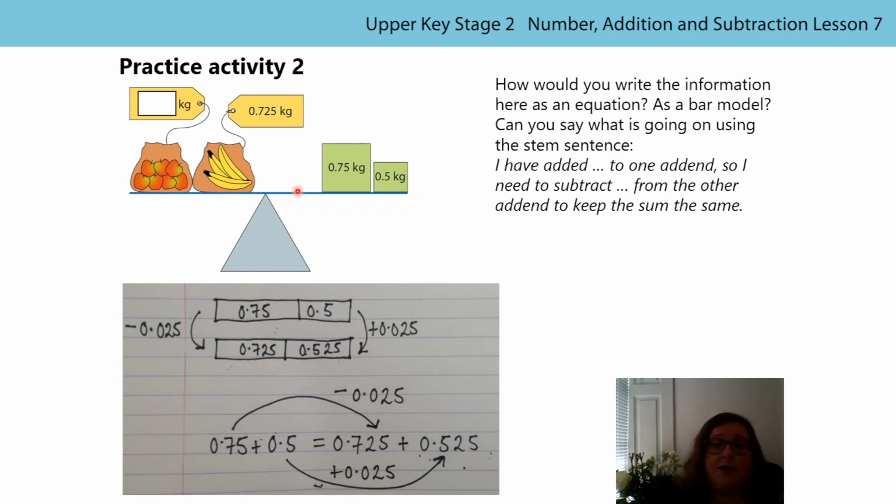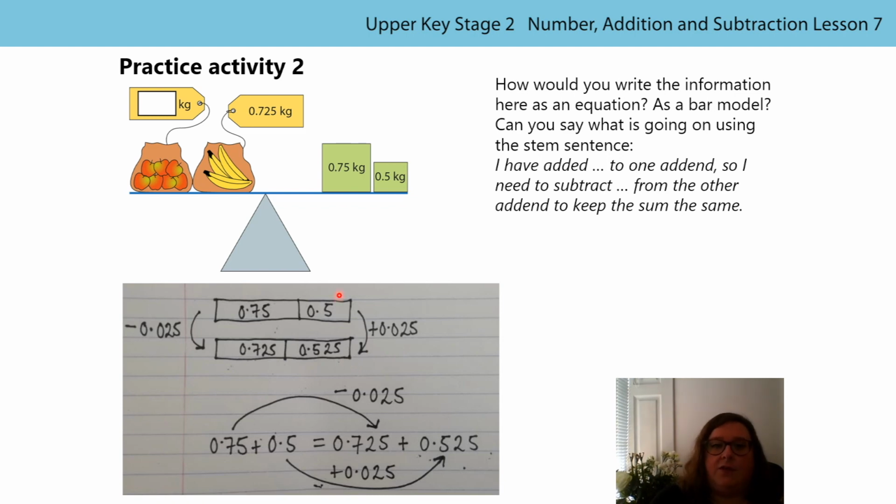And then I knew that because I had subtracted 0.025 from one addend, I would need to add it to the other addend. So here I have 0.5, and it's shown here in my bar model, and I knew I needed to add 0.025, which I just drew on the side there, and that gave me 0.525, or in terms of thousandths, 525 thousandths.